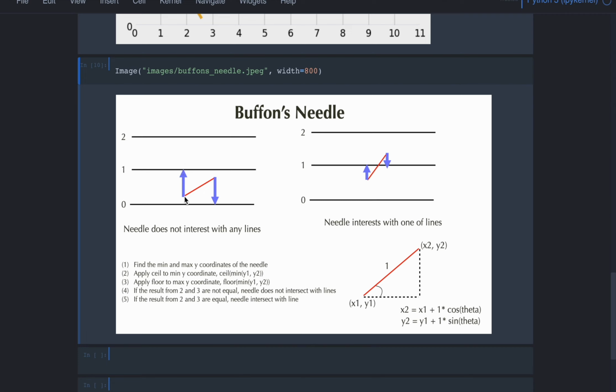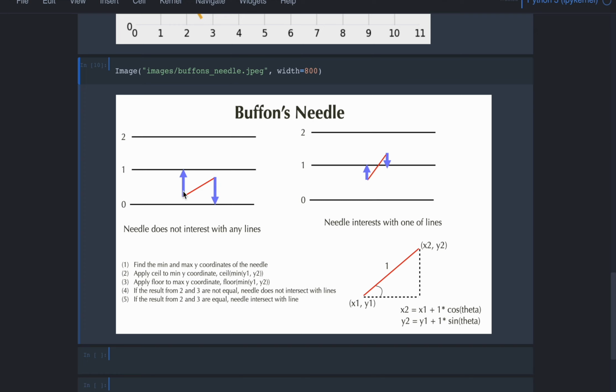So essentially we have converted this y1 to 1 in this case. And similarly for the larger coordinate, which is in this case y2, we apply the floor. The instructions are here, you can read through. So we have converted this y2 to 0.